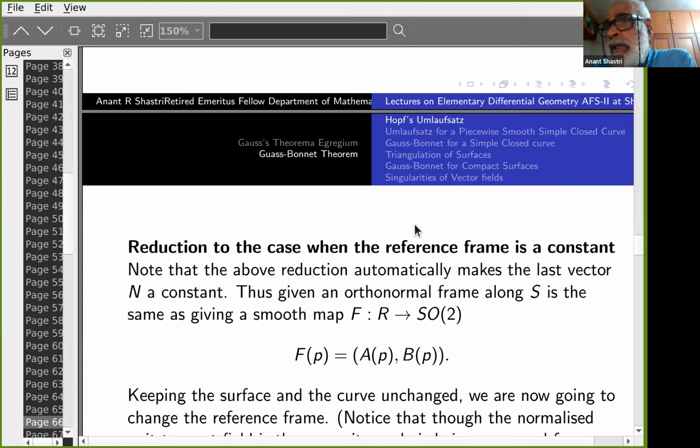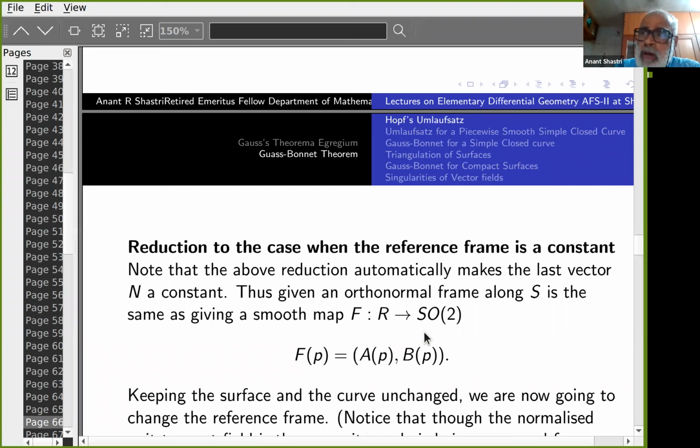The domain consists of either a disk or maybe a rectangle, doesn't matter. The frame never vanishes. Okay, they are non-zero vectors. They are actually unit vectors. If that is the case, then you can always move it. There's no problem. So this is the whole idea here.